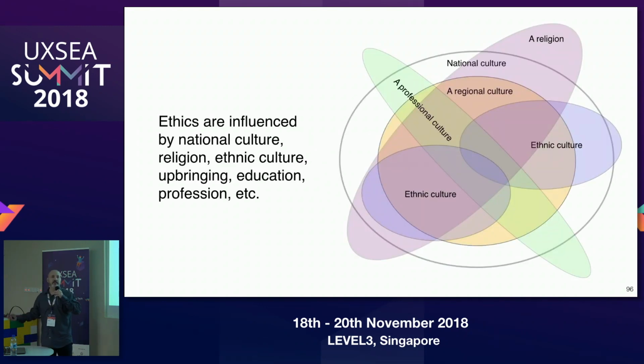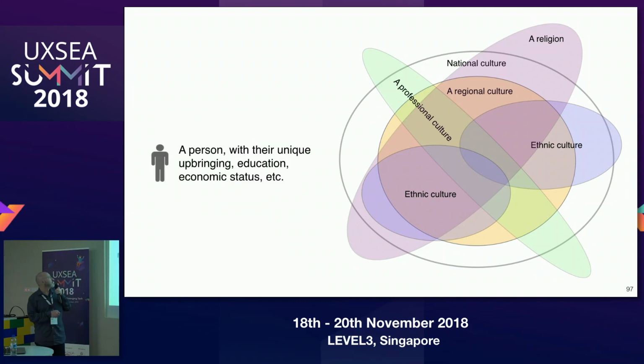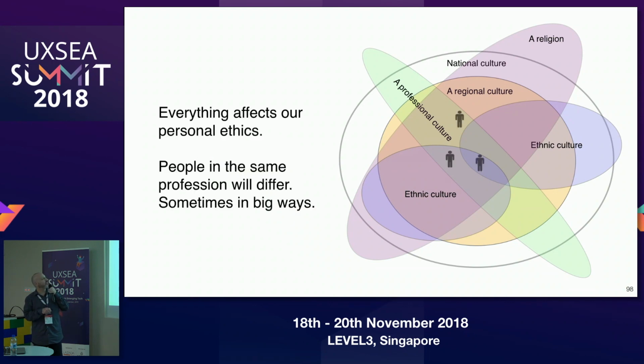I realized that ethics are influenced by multiple factors: national culture, religion, upbringing, education, profession. So imagine someone, okay? And they've got a unique upbringing, education, economic status. So three someones in the same professional culture could really have quite different assumptions and ethical standpoints depending on where they are.